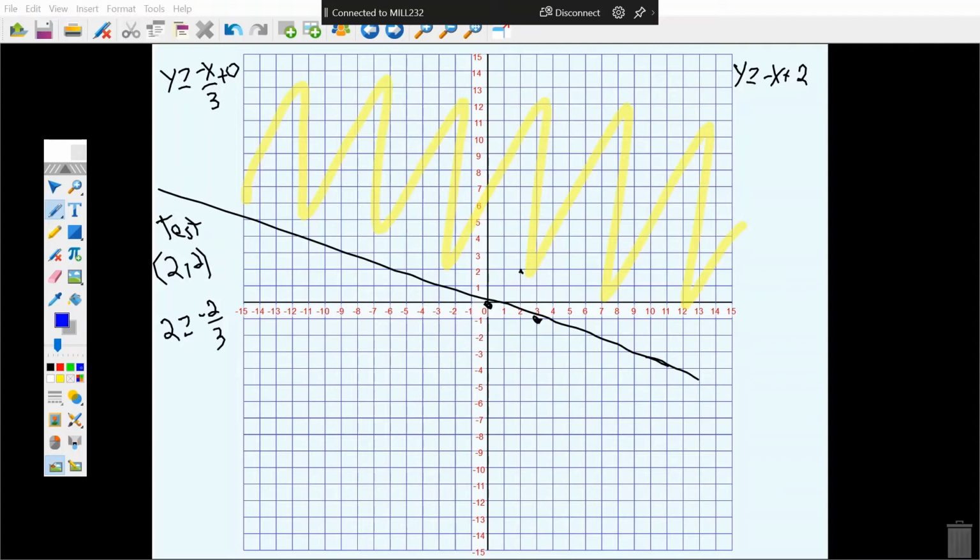Maybe I'll switch to blue for this one. My y-intercept is 2. My slope is -1. -1 rise, -1 run. I'll draw my graph like so.